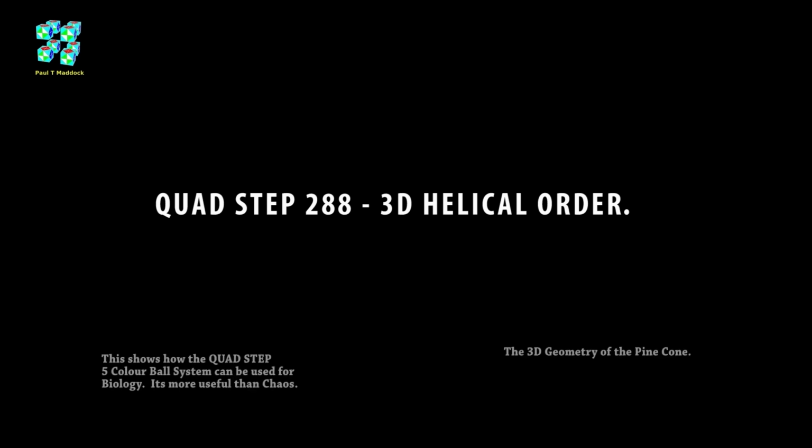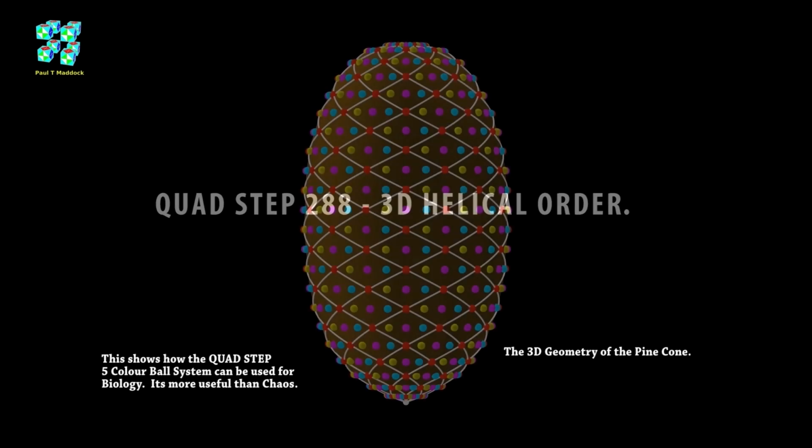I've got another new video to show you, and I'm calling this Quad Step 288 3D Helical Order. In the last couple of years, I've shown a lot of work with phyllotaxis, quad step phyllotaxis.